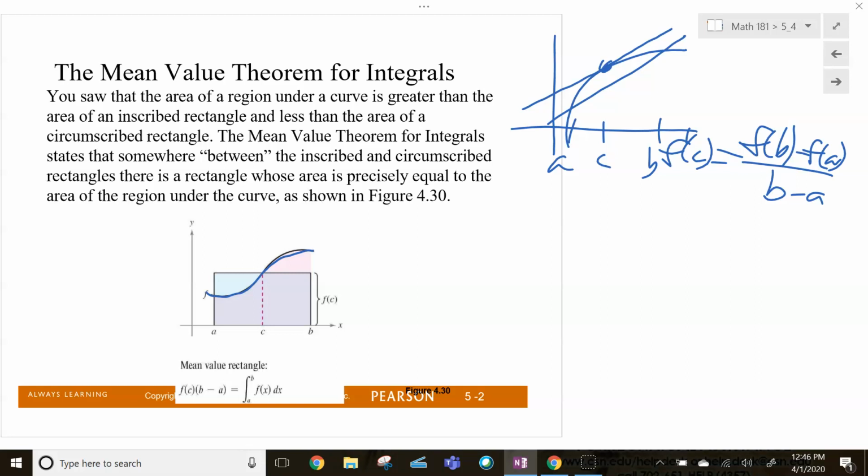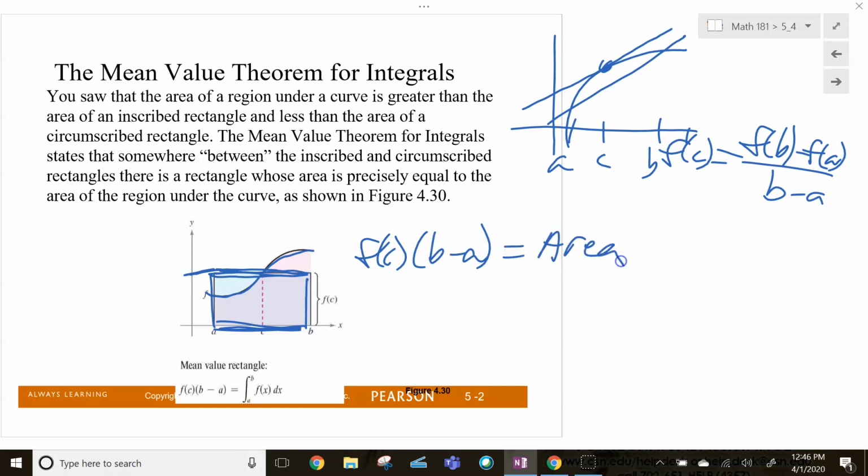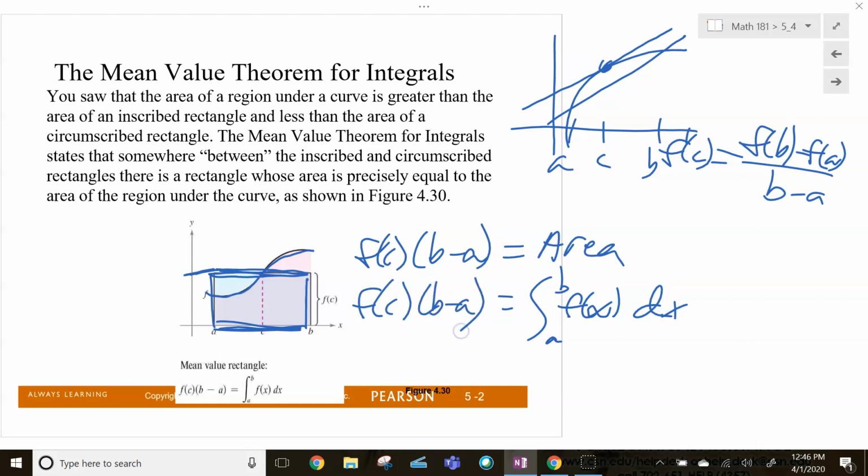Once this block of ice settles and flattens out, if it melts, then the area of that rectangle, the height f of c times your width b minus a, is equal to the area. And we know the area under the curve is the integral from a to b of f of x dx. So the height times the width is equal to that.